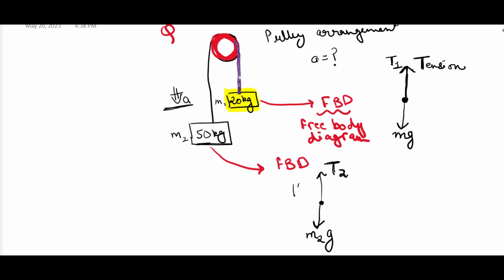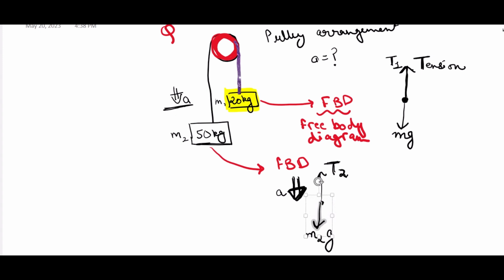Now, acceleration's direction is given, but not the value which we have to find. So I always like to show acceleration with a double arrow to not have any kind of confusion, because it's not a force, but it will help us writing the first equation of Newton's law.